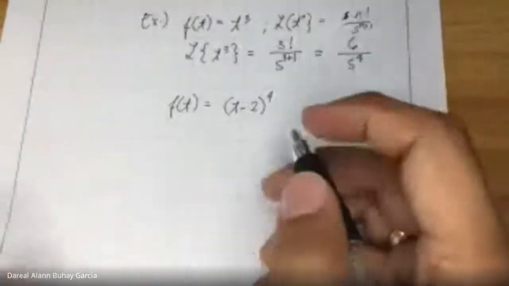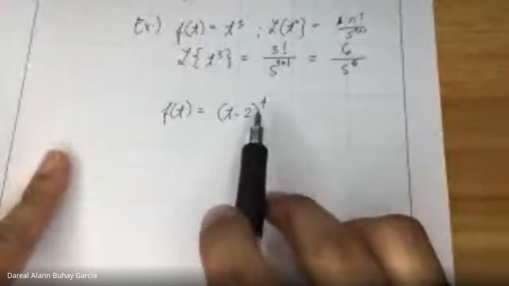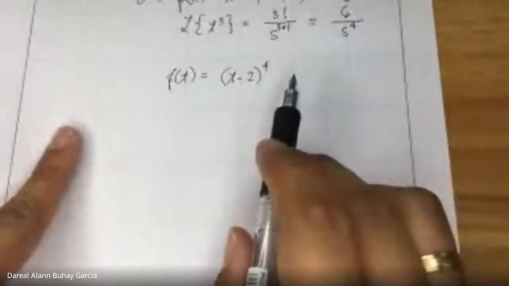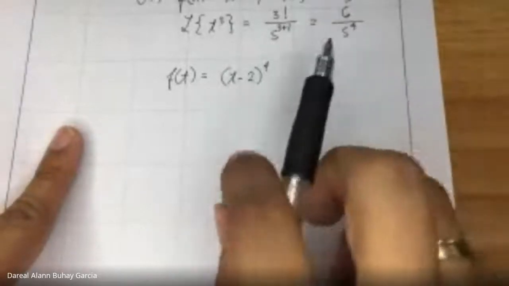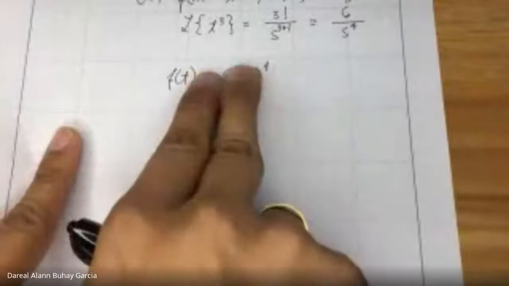So is the same atong first translation property. Ato siyang i-Laplace as if this is t to the power of 4, no?